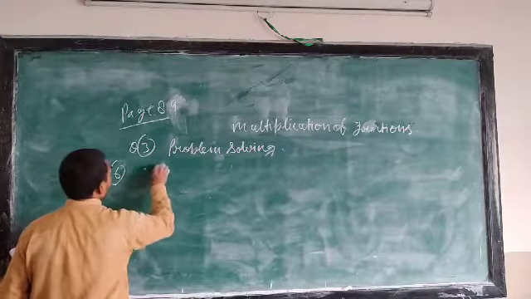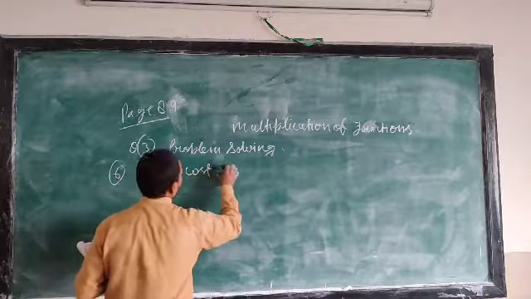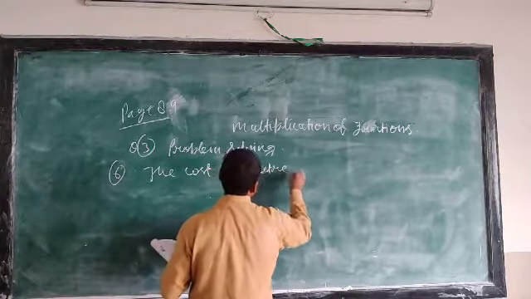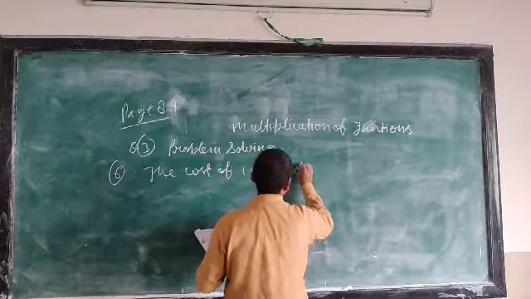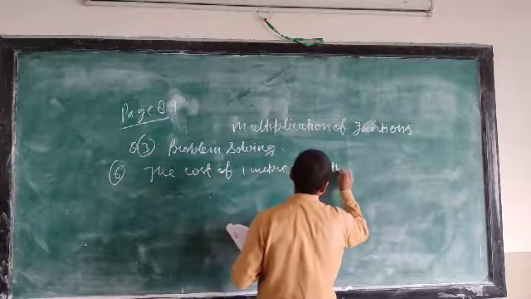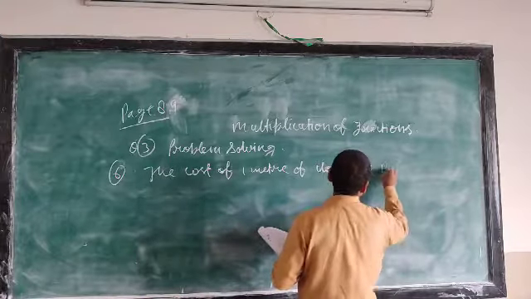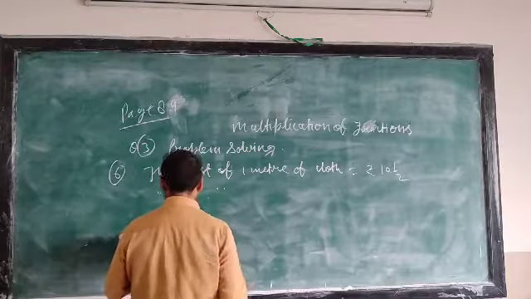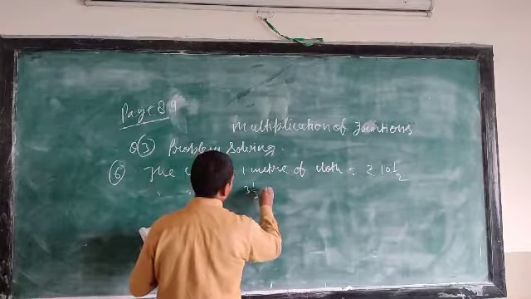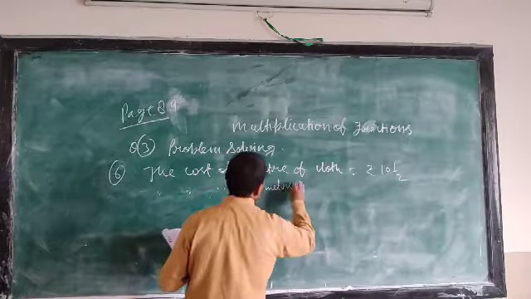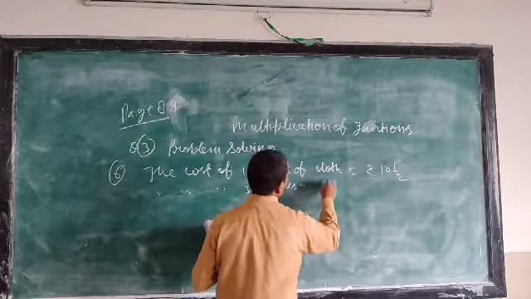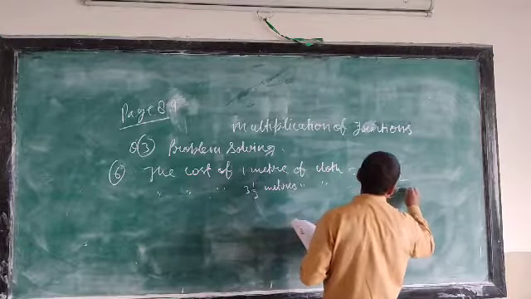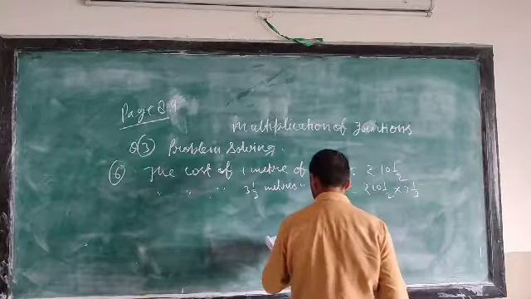The cost of 1 meter of cloth is rupees 10 and a half, and here it is asking the cost of 3 and 1 by 3 meters of cloth. This will be 10 and a half multiply 3 and 1 by 3.